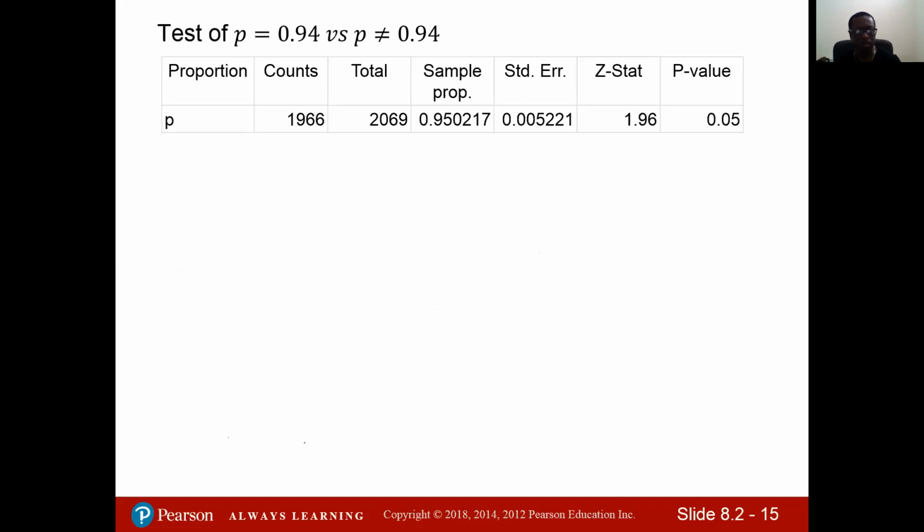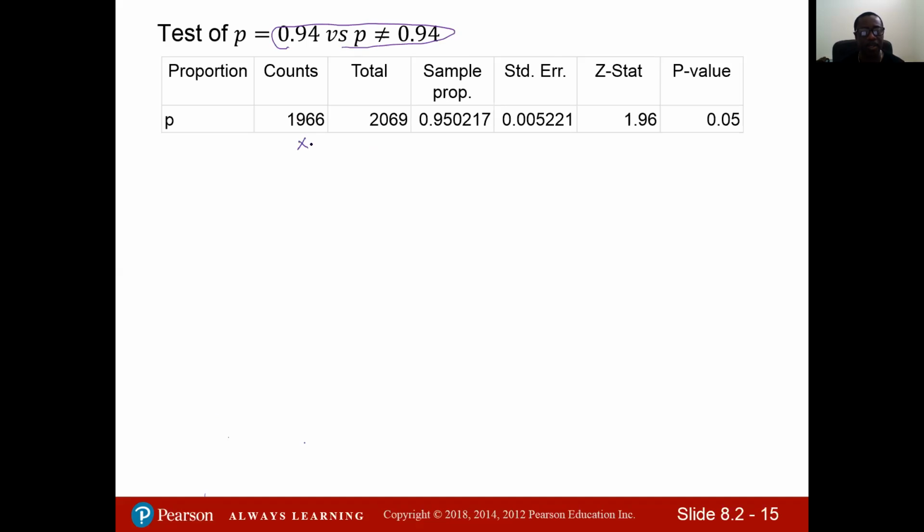All right, so here is the table, and this is the test. The test is of this form, and then this is the count.